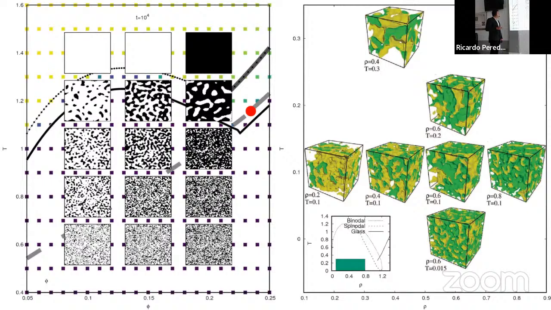Maybe later I can show you how we can do something in three dimensions, because I also have such diagrams. It's one of my most recent works. What we show with these diagrams is that they follow qualitatively the same behavior that they observe in the simulation works.